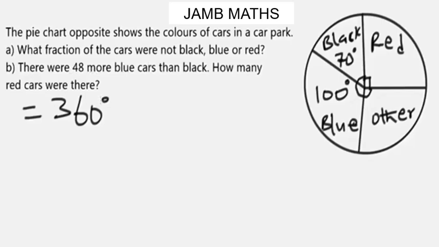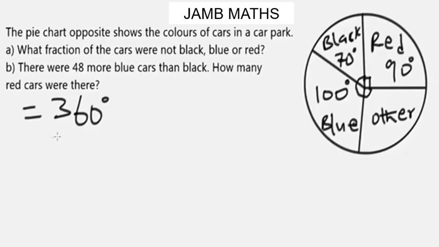Okay, so for the A part of the question, it says what fraction of the cars were not black, blue, or red? Note that for the red cars, we have the angle to be 90 degrees. To get the fraction of the cars that are not black, blue, or red, they're referring to the other cars we have here.